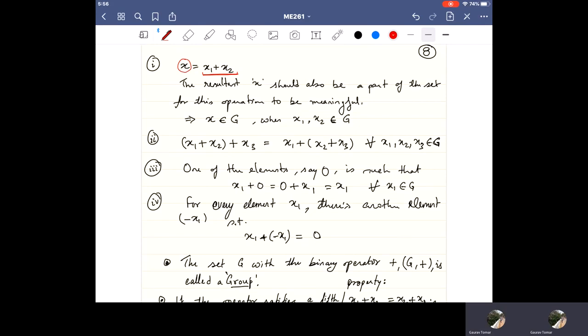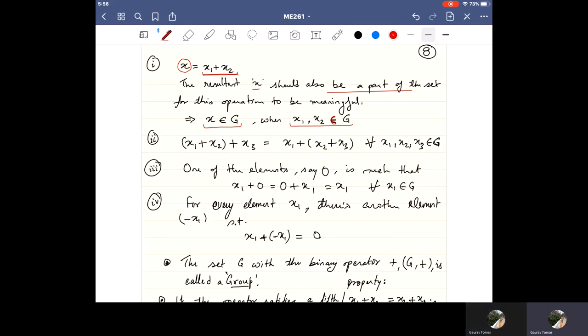So the resultant x, if it is forming a group, should also be a part of the set. Okay, so this x should belong to the set. It should also be an element of the set G. Okay, if x1, x2 belong to, for belong to, we use this symbol. So if x1, x2 belong to G, are elements of G, then x also should belong to G.